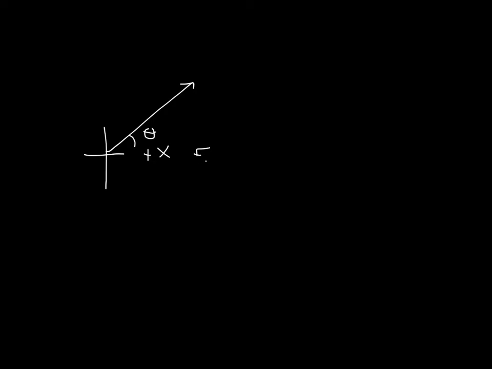Actually, I'm going to get rid of a little bit of this stuff so I have some room. But if you notice, angle theta is between what we're calling the easterly direction and the vector that you've actually taken. And as you actually walk that way, you'll notice that you've also gone some distance along the x-axis.